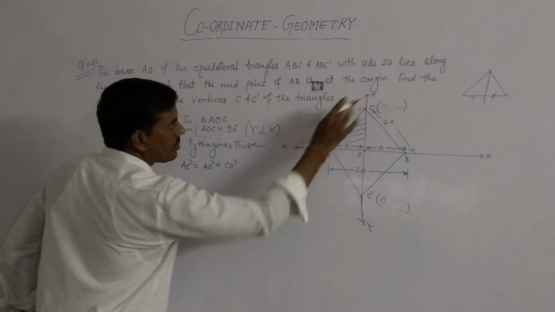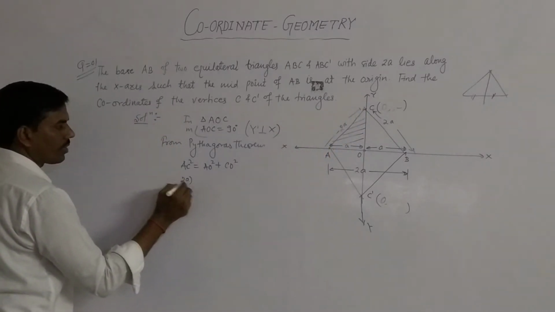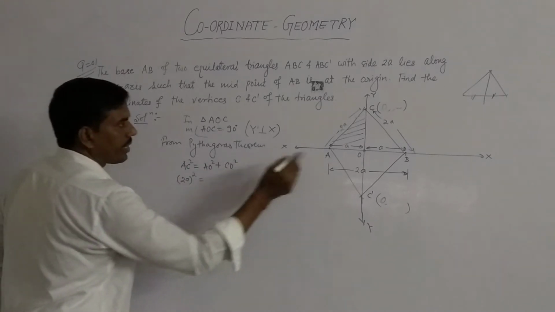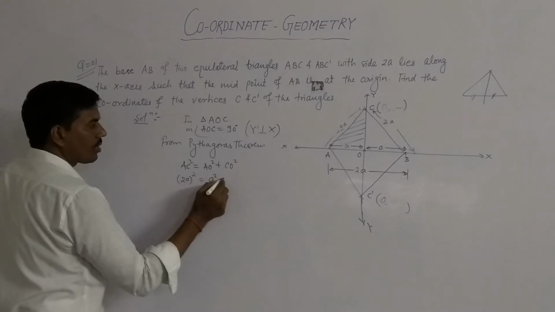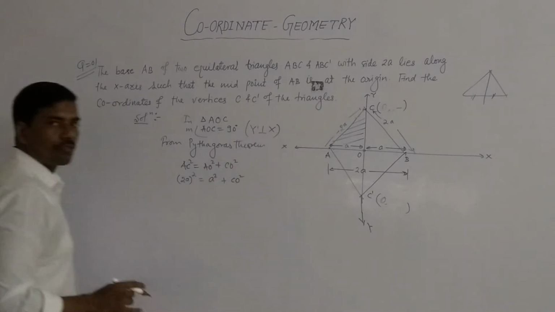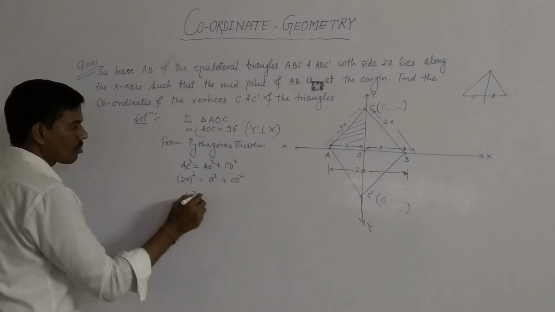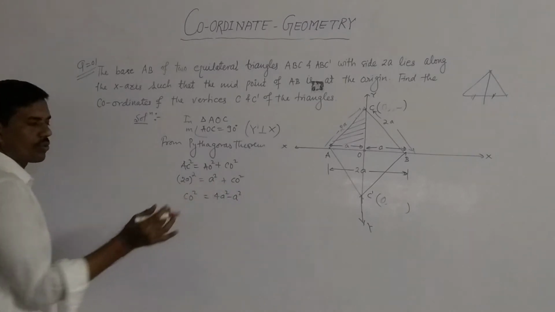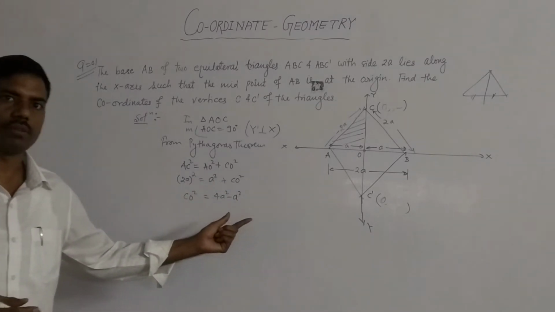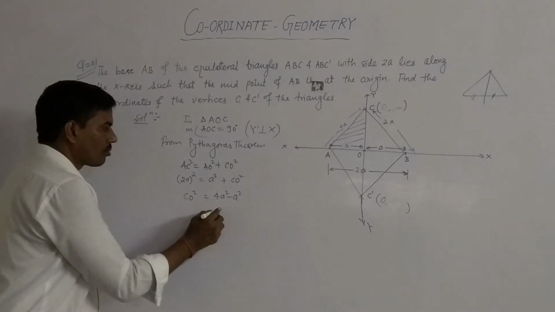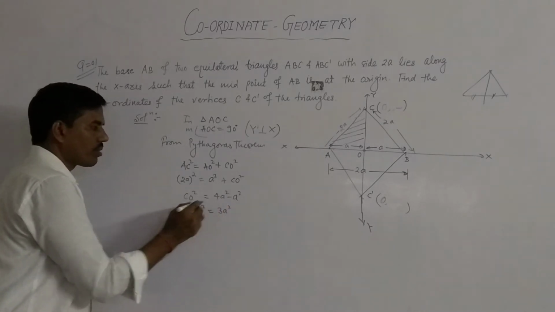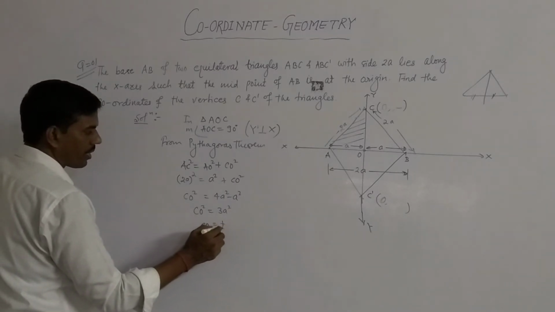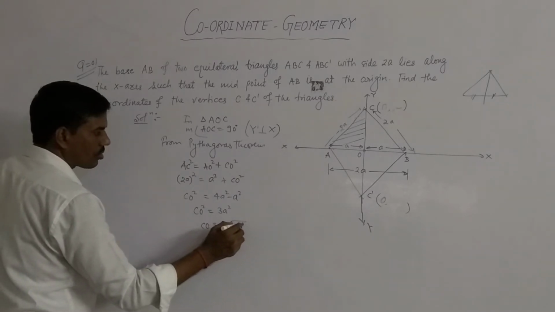AC is 2a, so put the value of AC, 2a, to the whole square, is equal to AO square, and AO is a unit, so a square, plus CO square. Since we have to find CO, CO square is equal to 4a square minus a square. The a square goes to the left-hand side and becomes negative. So this is equal to 3a square. So CO square is equal to 3a square, and CO is equal to plus or minus the square root of 3a square.